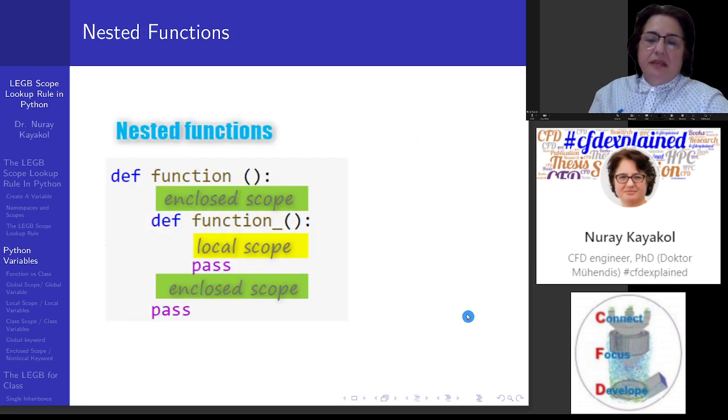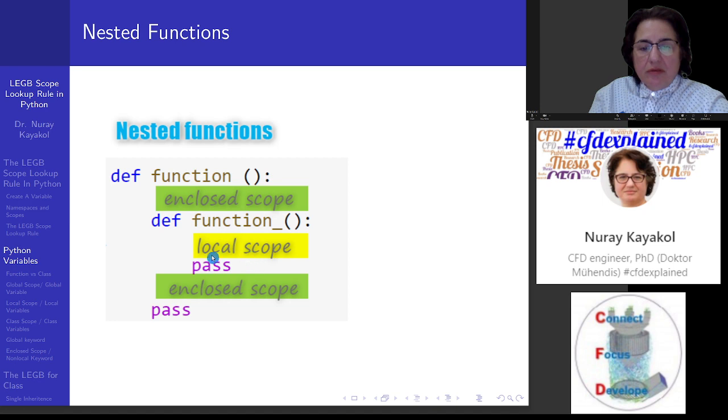Here are the next nested functions. Two functions are defined. For the first one, I just typed function as the name of the function, and for the second one, function_out. You see, one letter will change the name, so they become different functions.